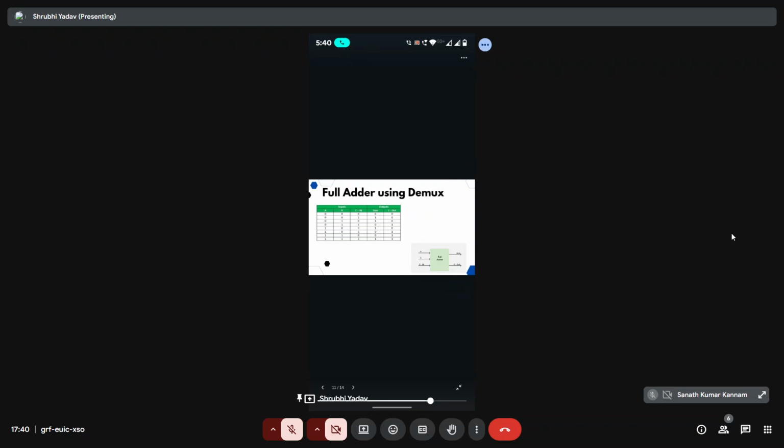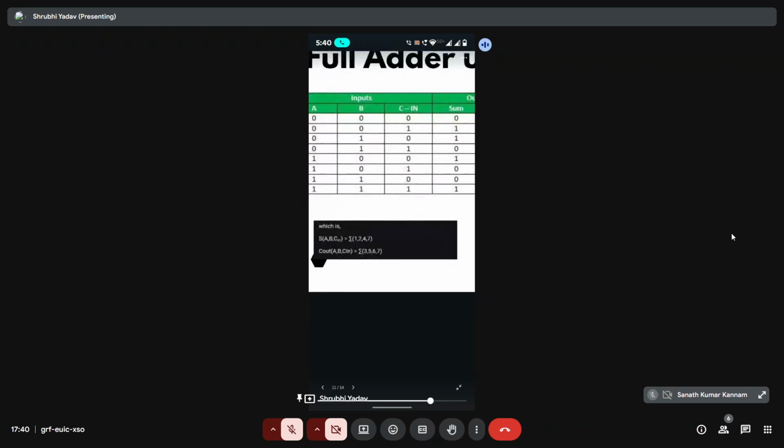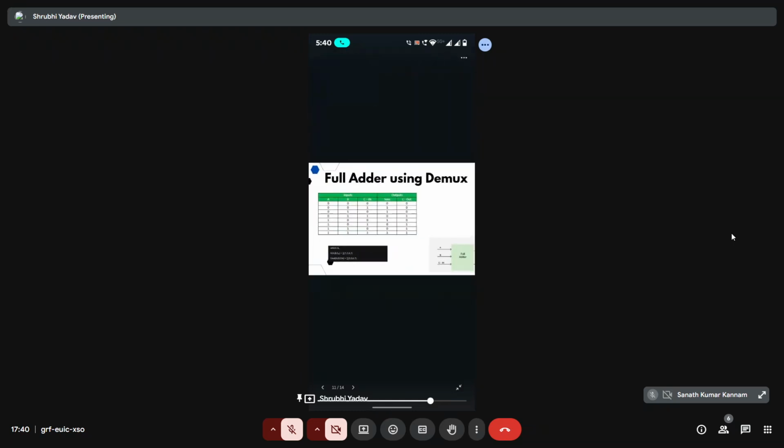So we'll take A, B, C as input and sum as output and C out as carry out. So we get the minterms here as sum of A, B and C in equals minterms 1, 2, 4 and 7, and for C out we get minterms 3, 5, 6 and 7.